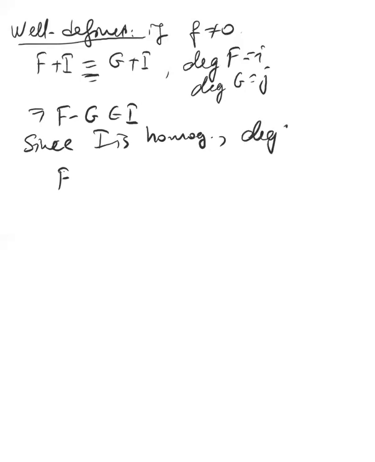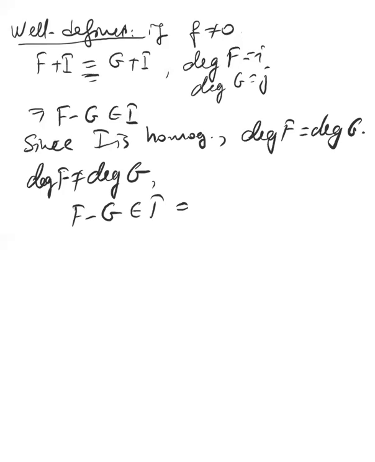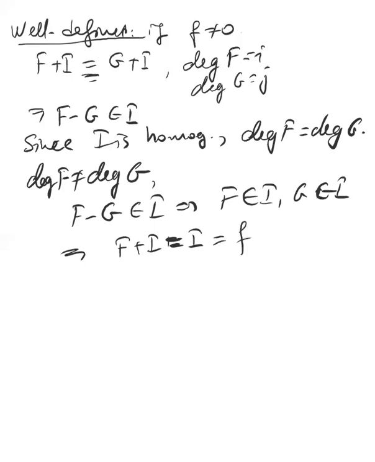The reason is that if they are different, if i is not equal to j, then f minus g in I implies that f is in I and g is in I. So that means f plus I is equal to I, so in fact f is equal to 0 in Gamma.